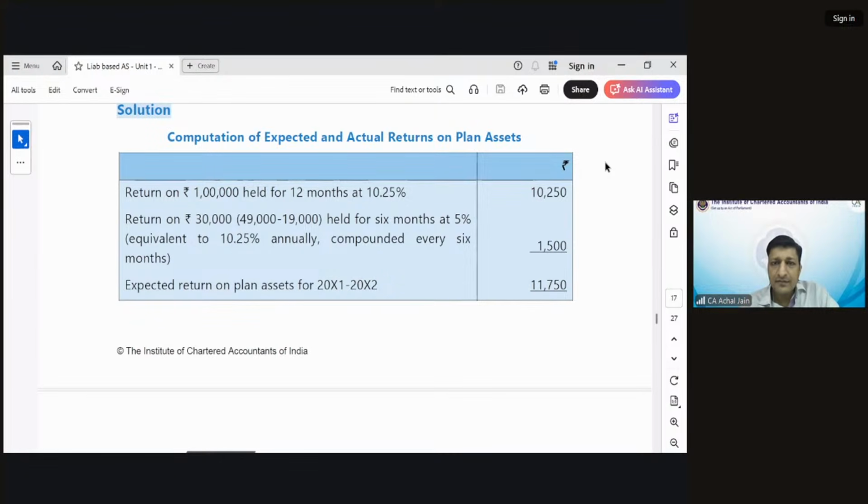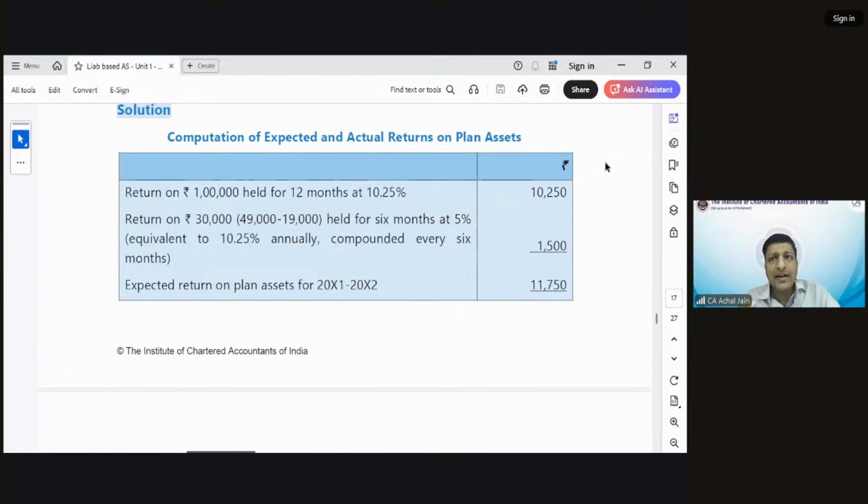Right? So the company has contributed 49,000 to this fund during the year. They have added to this fund. Let's suppose they have invested in a fixed deposit. So they have made a further investment of 49,000 during the year. Plus, during the year, they also required some funds, so they withdrew 19,000. So 19,000 was the withdrawal, 49,000 was the deposit.